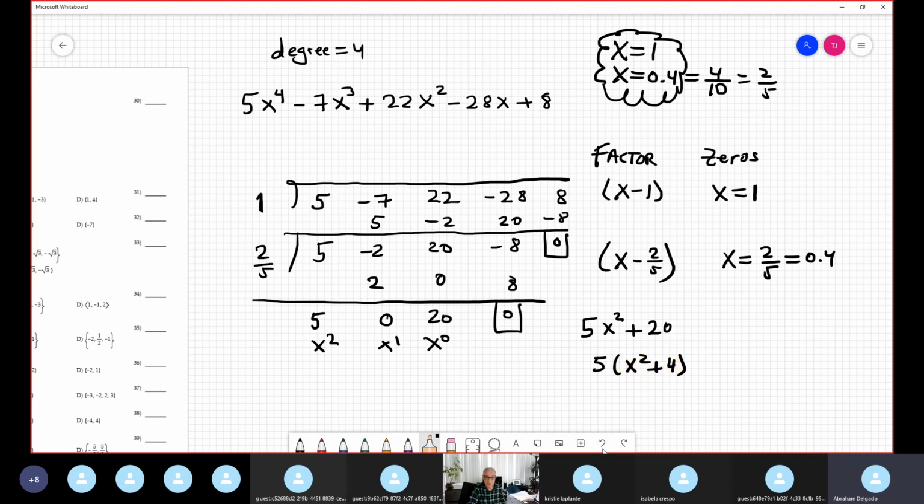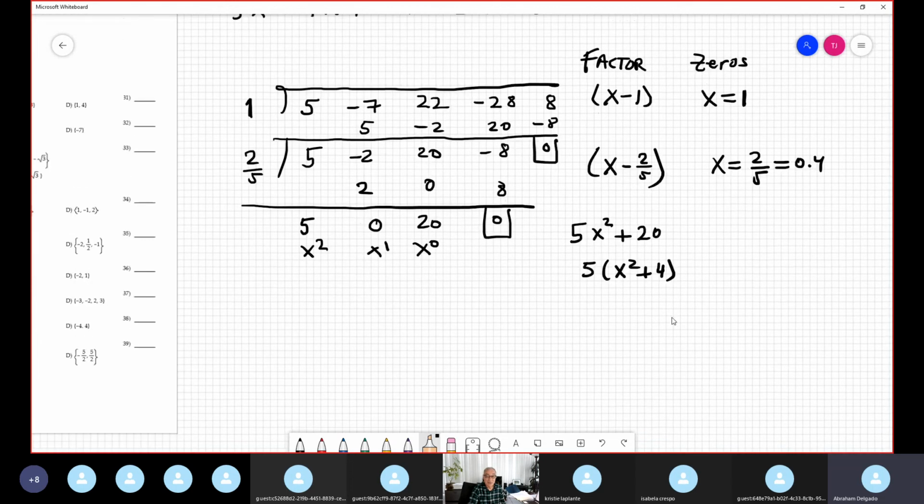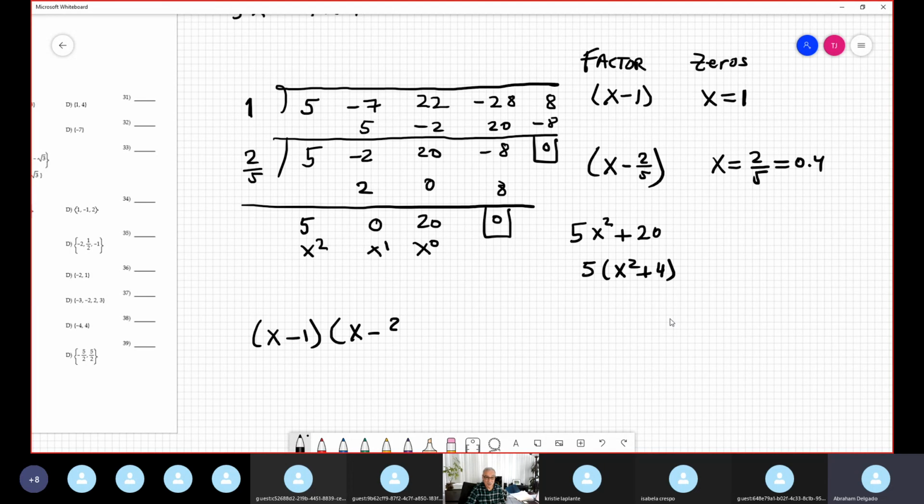Entonces, now, what's the fantastic conclusion? Well, the fantastic conclusion is that the factorization is the multiplication of the factors. The factorization is x minus 1, times x minus 2/5, times 5 times x squared plus 4. I guarantee you that this expression and the polynomial are equivalent. However, it's not nice. There is no reason to write it like that.